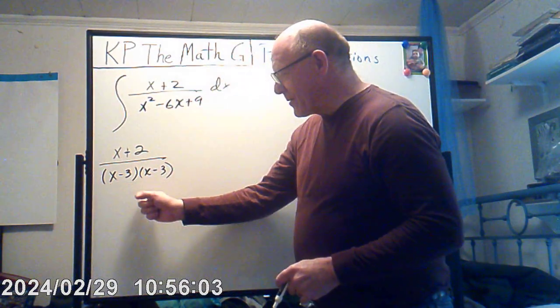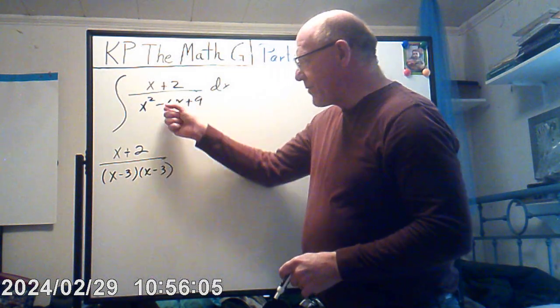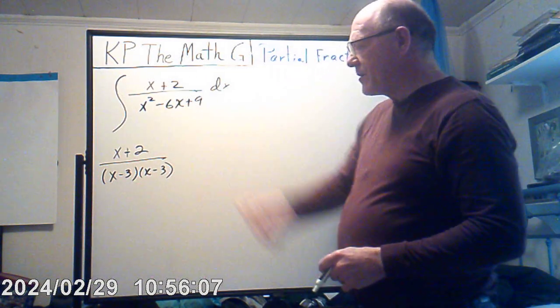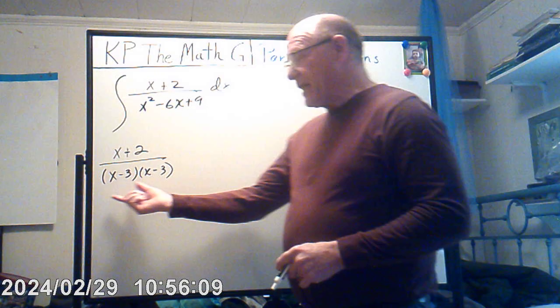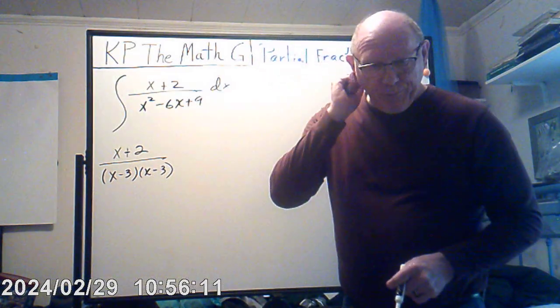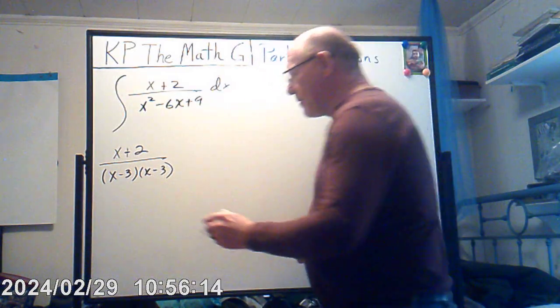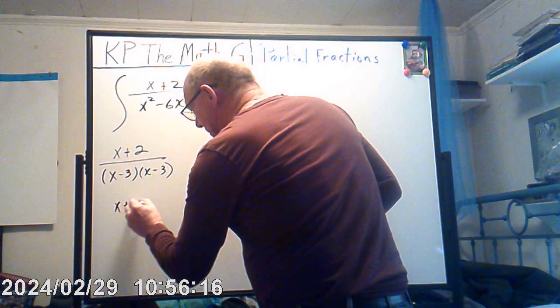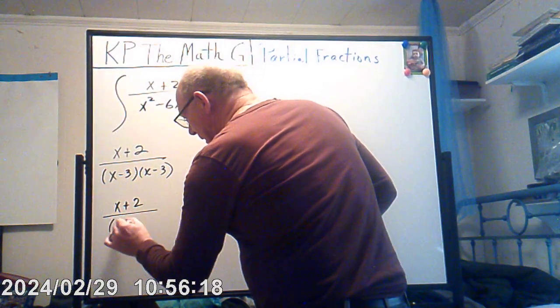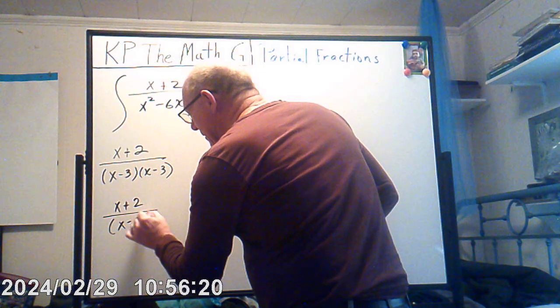We know x times x is x squared, but negative 3 plus negative 3 is negative 6, and negative 3 times negative 3 is positive 9. So you get the same thing here. We could rewrite this as x plus 2 over x minus 3 squared, right?